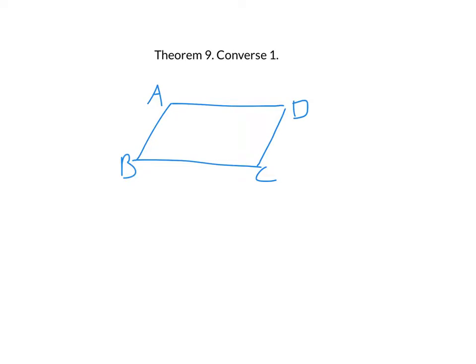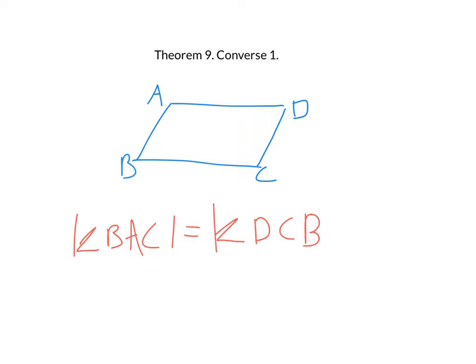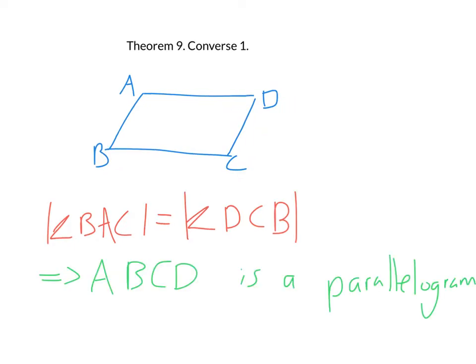So for example here, if the angle BAC has a measure equal to the angle DCB, again these are both opposite angles, so BAC is opposite to DCB. If those opposite angles are equal, then this shape is a parallelogram.